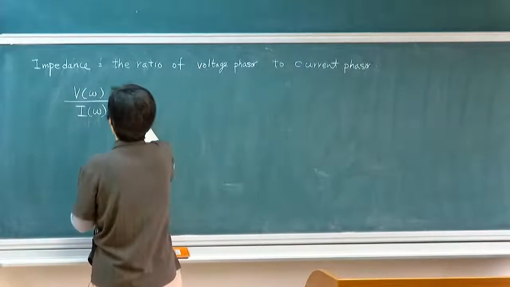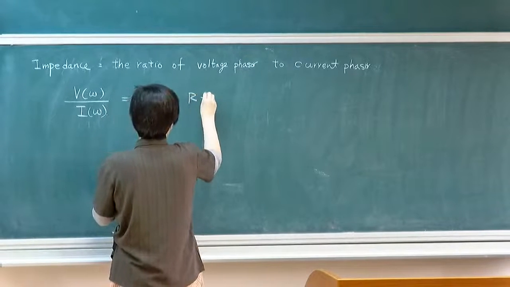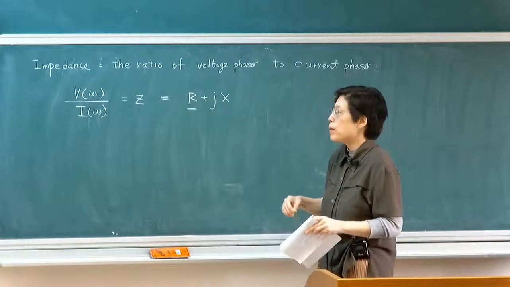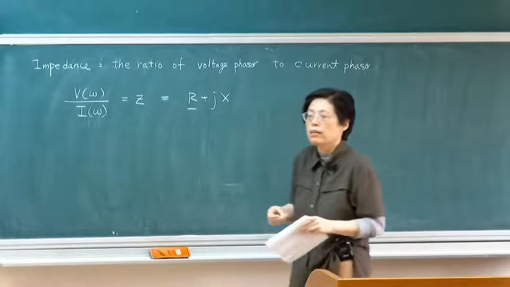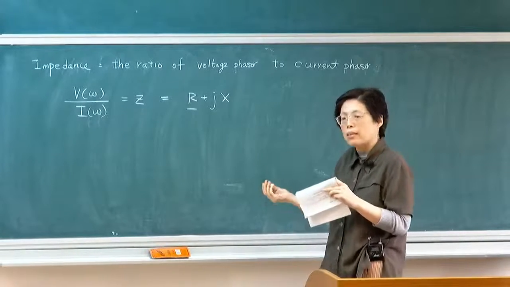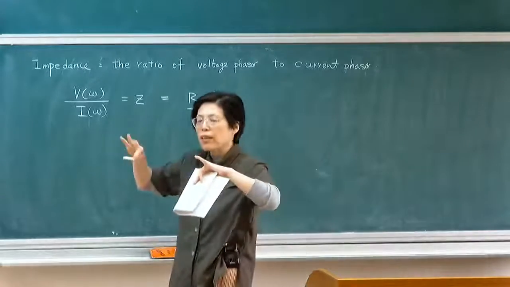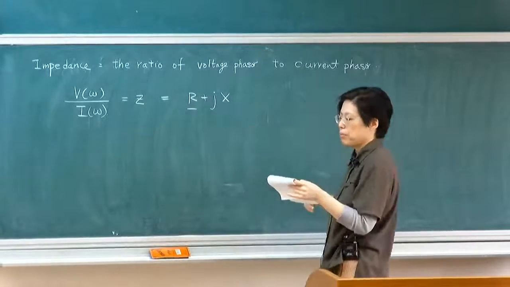So this will be your impedance. There will be the real part and the imaginary part. Typically, the real part will be the resistive part, and the imaginary part, the X part, is typically capacitance or inductance. But in the circuits that we're going to discuss, it is mostly a capacitive component.